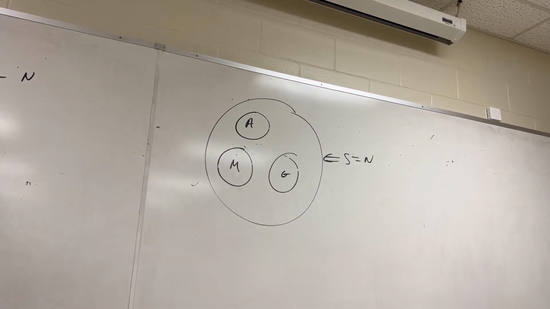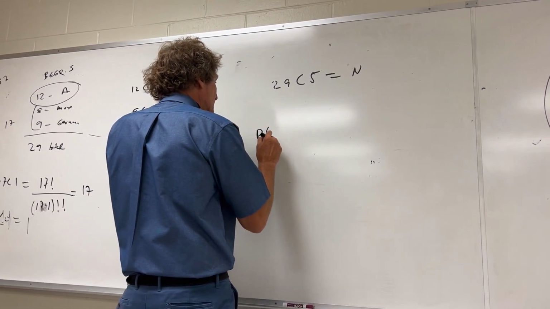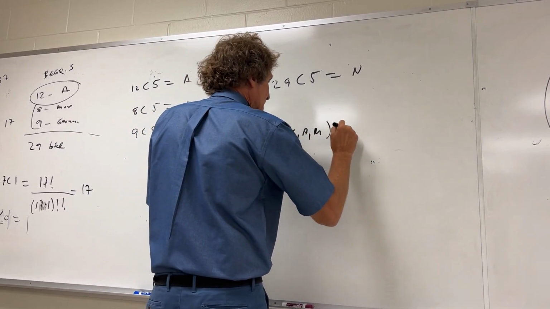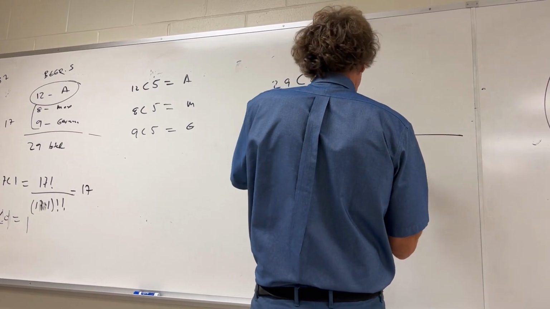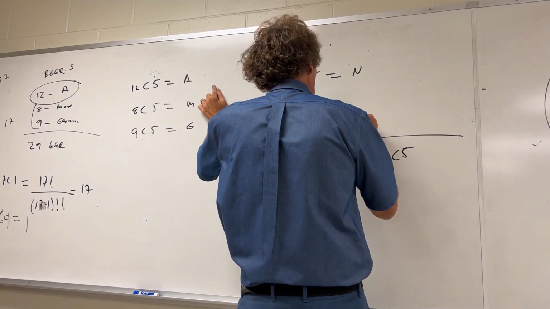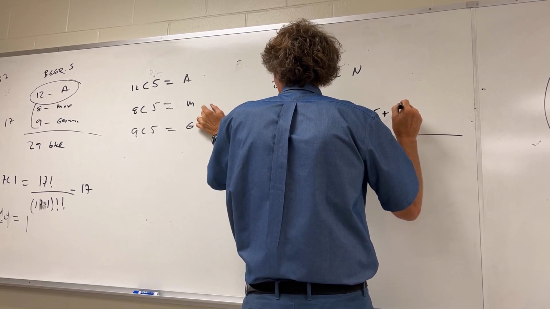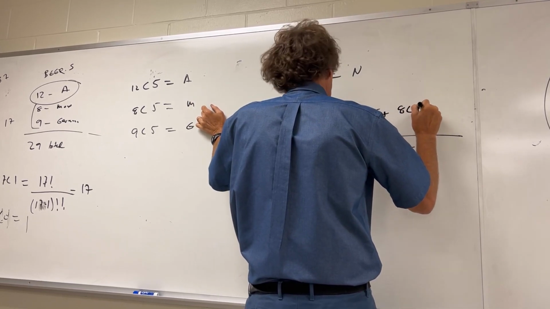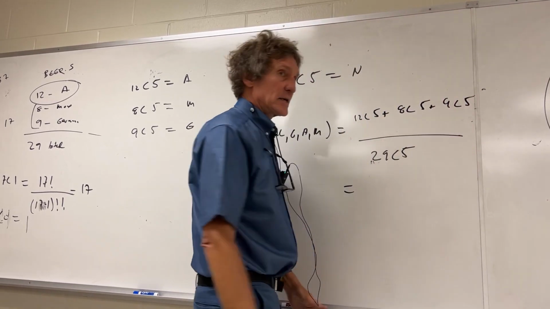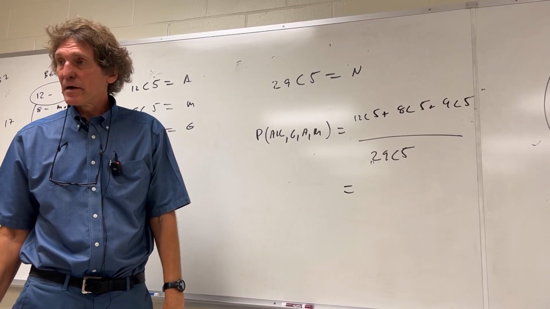So for this one, if we're going to get all 5 from the same country, the probability of all either German, American, or Mexican is going to be 12 combination 5, plus 8 combination 5, plus 9 combination 5, all over that number, 29 combination 5. I don't know what that is off the top of my head. I did all these, but 0.0082. Is that right?